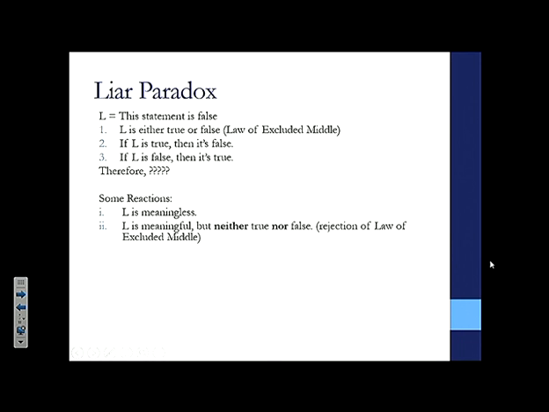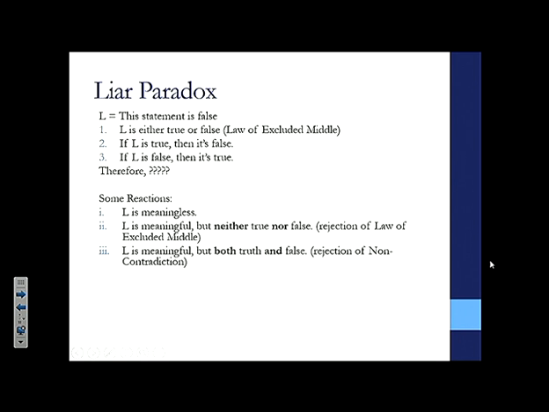Some have taken it to be a decisive reason to reject the law of excluded middle. It's false, in other words, that every statement is either true or false. There are some statements that are neither true nor false. Philosophers will sometimes say that there are truth-value gaps. Okay? And L is just one such gap.